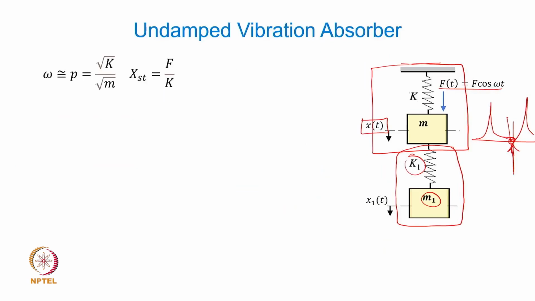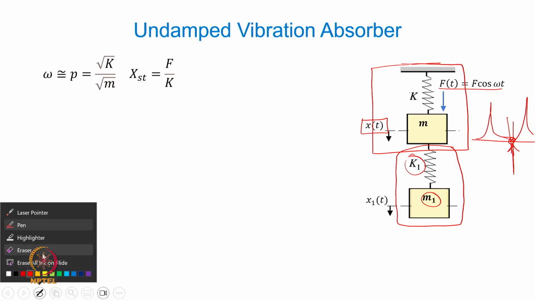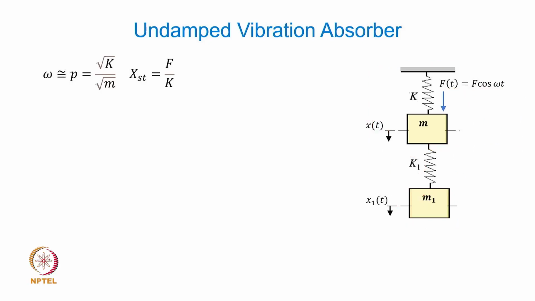Okay, so what we do here, we assume now that our system is a simple vibratory system having its spring and mass properties which you can extract from the actual physical system, and this is subjected to a harmonic forcing function or external excitation f of t.